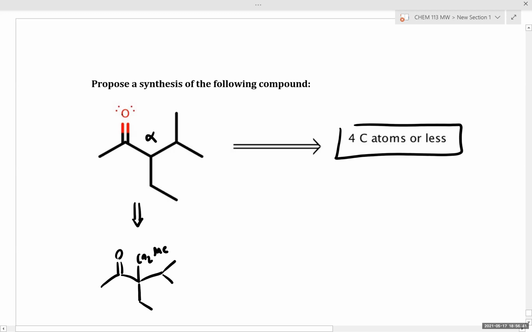So we traced back this ketone to the corresponding acetoacetic ester. From here now, we see one of our alpha positions is highly substituted. So how would we go about installing these alkyl groups? Do we have a method to install these alkyl groups?